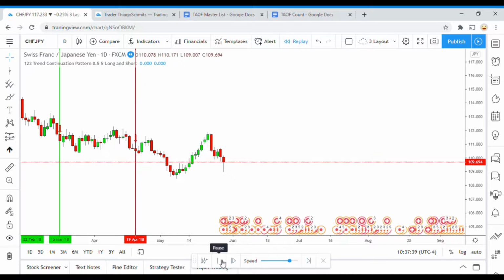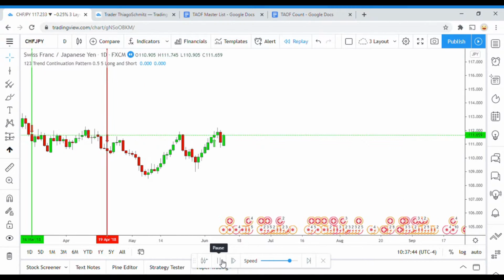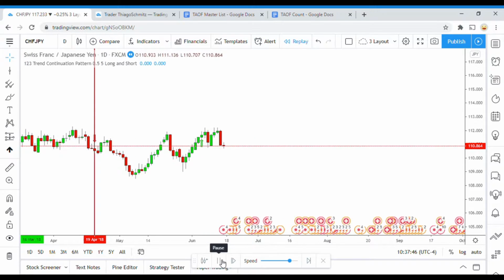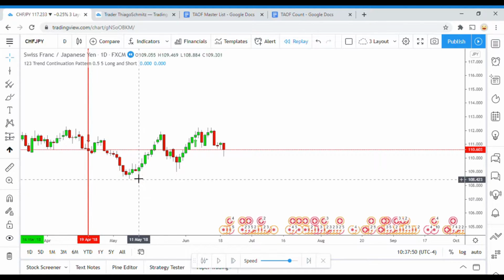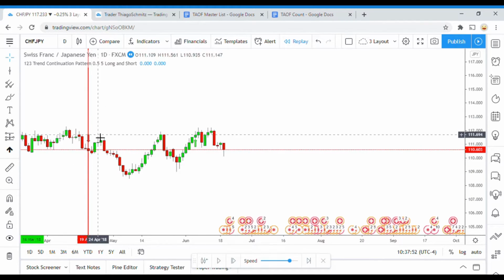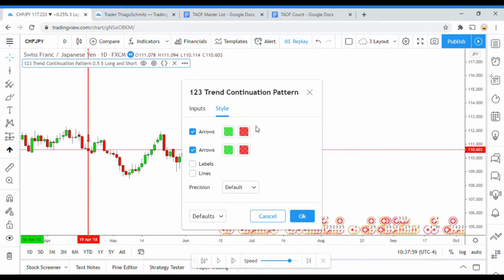Now, it is completely reasonable if someone wants to take this indicator and trade it off of its original, let's see.